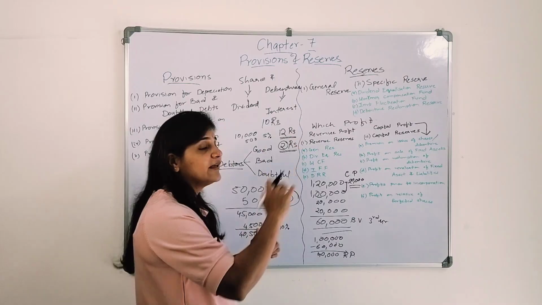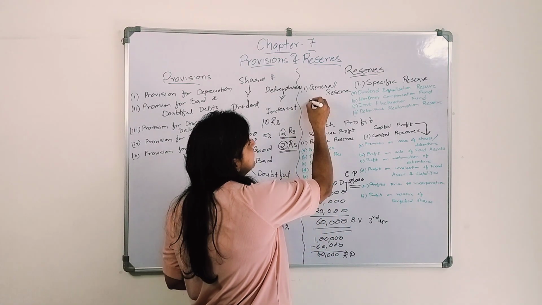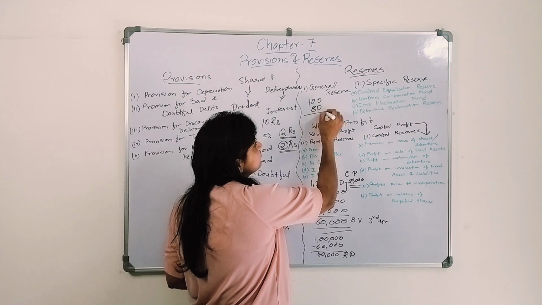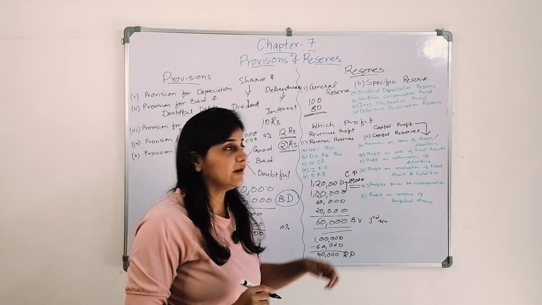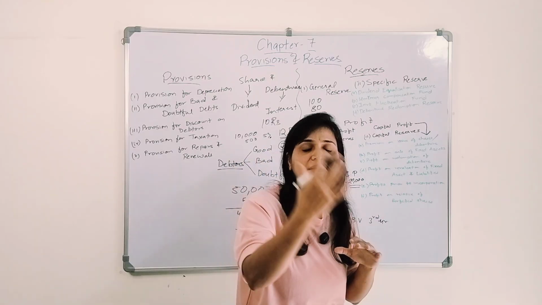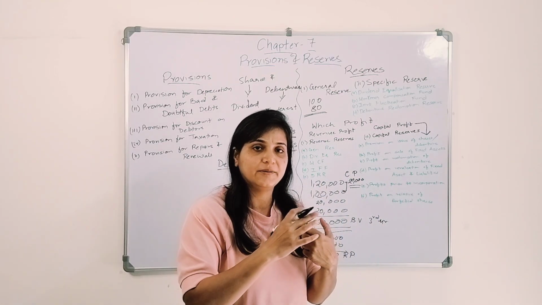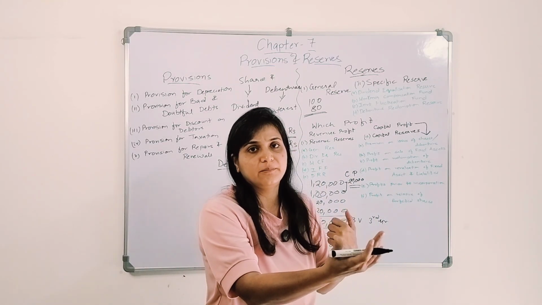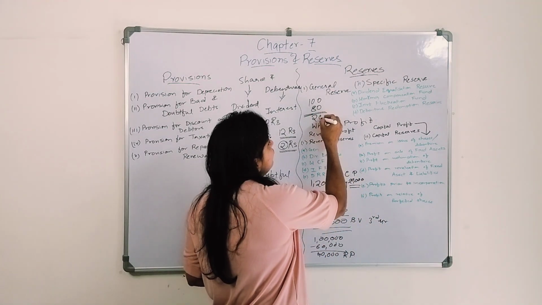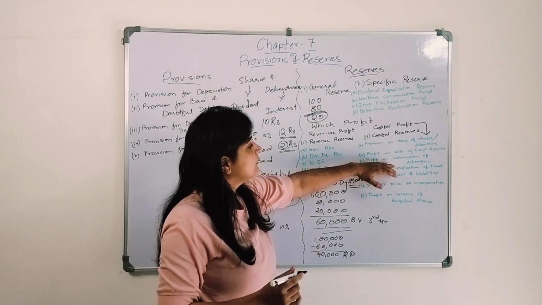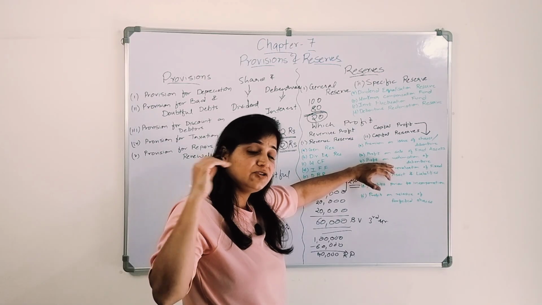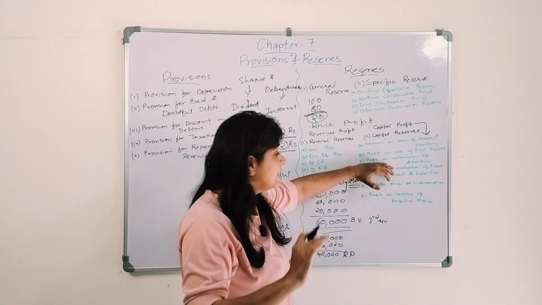Let's say the debenture value was 100 rupees, and they purchase the debentures at 80 rupees. They are purchasing their own debentures and paying the debenture holders a lower price. So this 20 rupees is considered a profit on redemption of debentures, right?